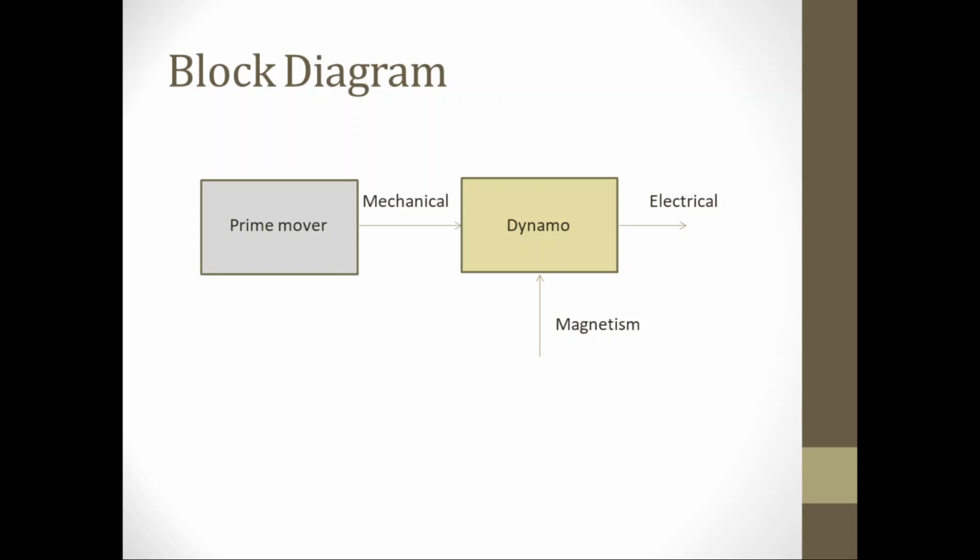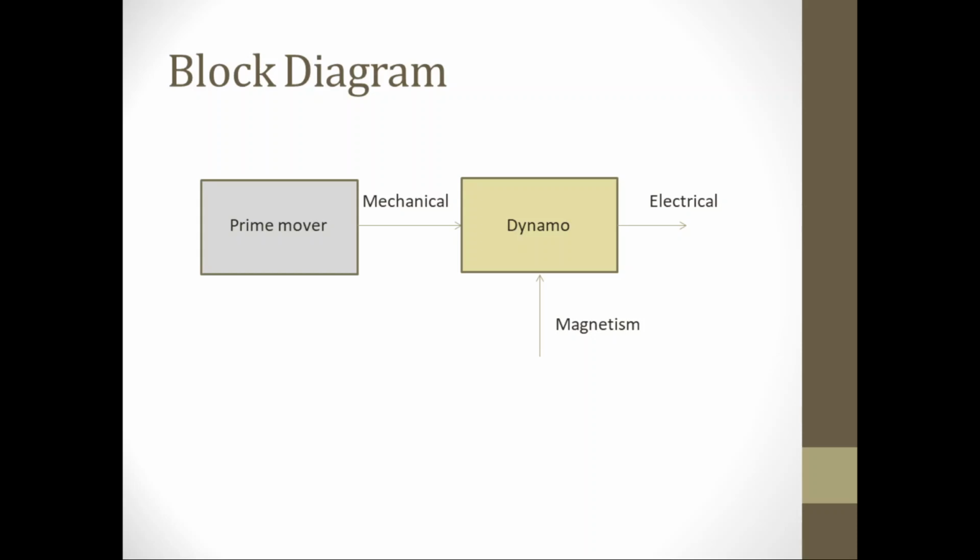Similarly, in a DC generator setup, the prime mover, which produces mechanical energy, is the one that causes the armature conductors in the generator to rotate across the source of magnetism, which can be found in the periphery of the generator body.